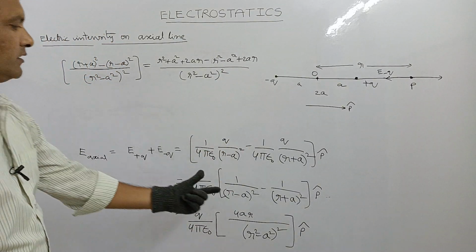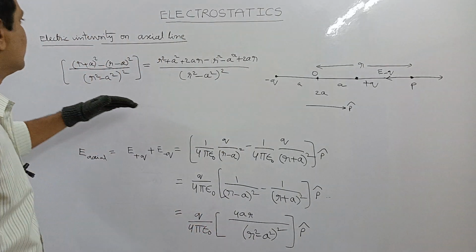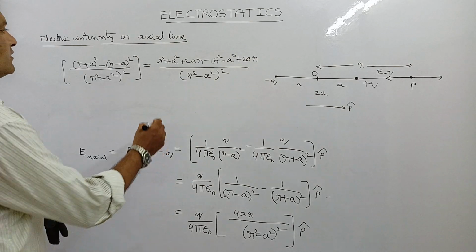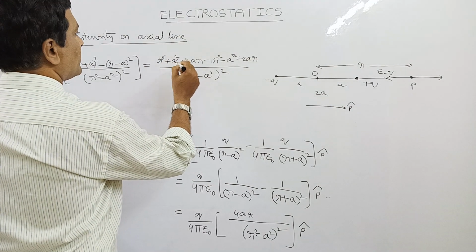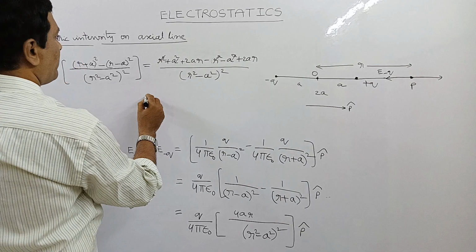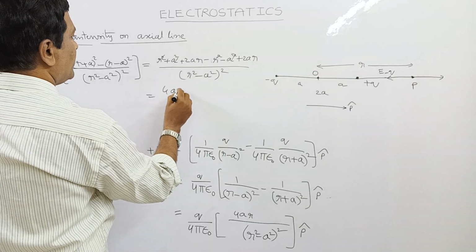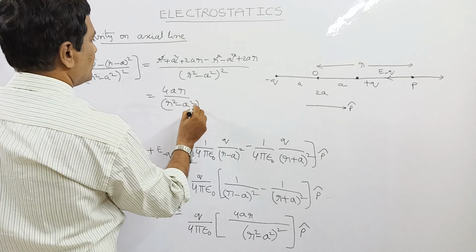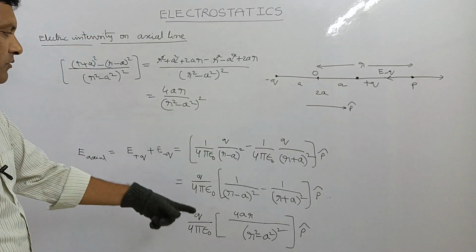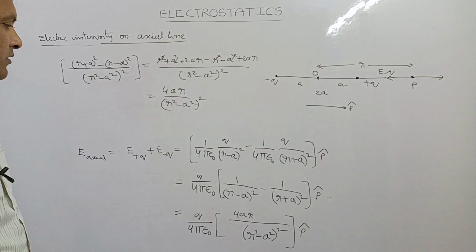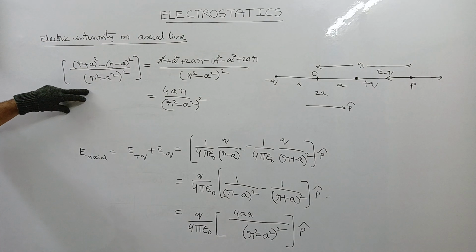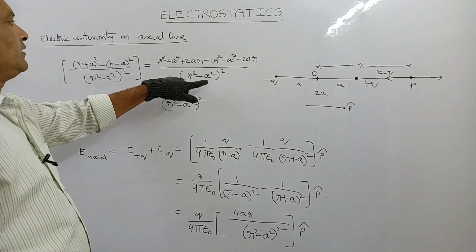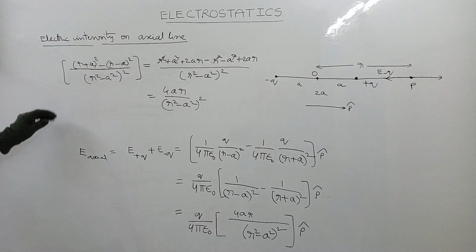So this term in the brackets I am simplifying here. Look at this, r square and a square get cancelled, so that becomes 4ar by (r square minus a square) whole square. That's what I have written directly. So if you want to note down, you can just take a note of it, the simplification.